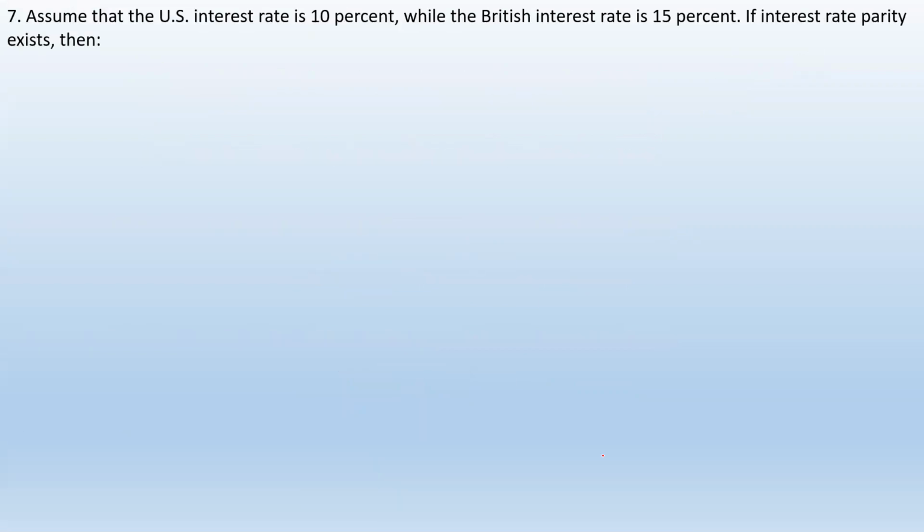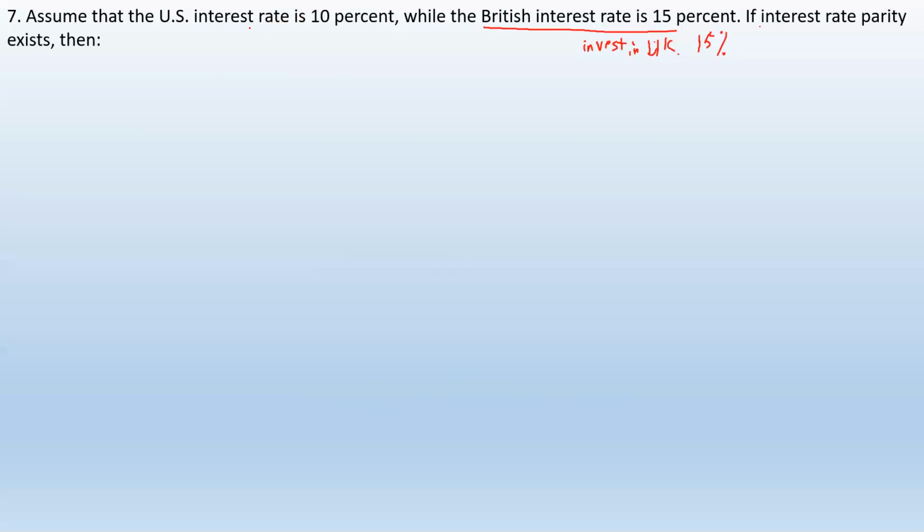Question 7 is that the US interest rate is 10%, the British interest rate is 15%, and interest rate parity holds. So British investors will always invest domestically because their interest rate is higher, and their return is 15%.